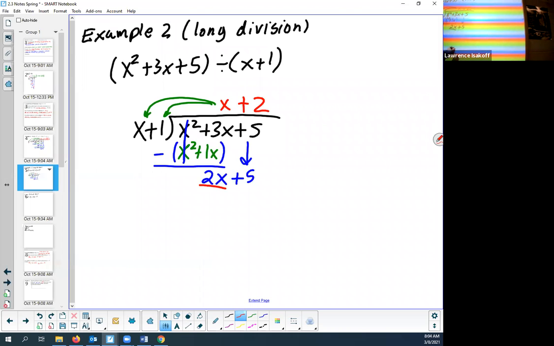So plus 2 up here, 2 times x, switch color, 2x. 2 times 1, that's a plus 2. So now I just subtract them.